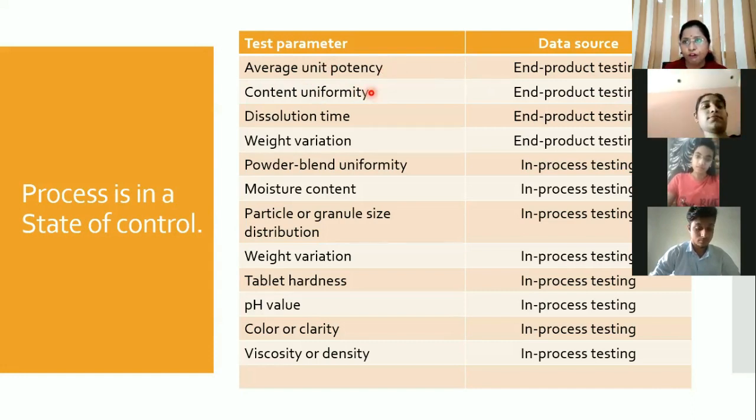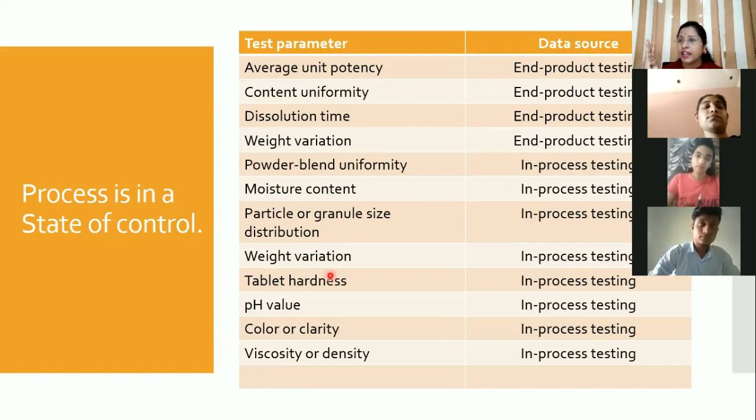Then content uniformity, which you can consider for a single tablet. If I say a tablet, the average unit potency I'll get from end product testing. Then content uniformity I'll again get from end product testing. Dissolution time, I'll get the information from end product testing.